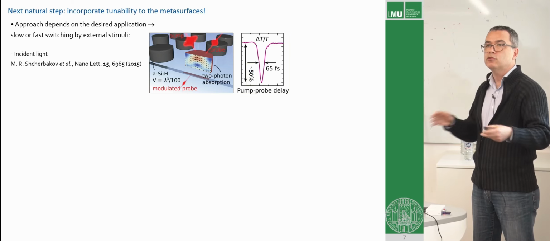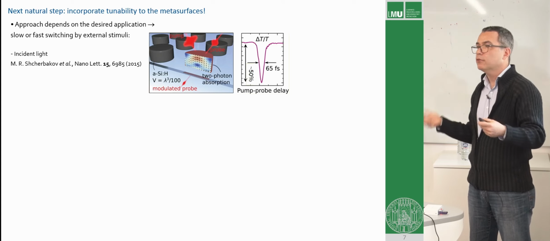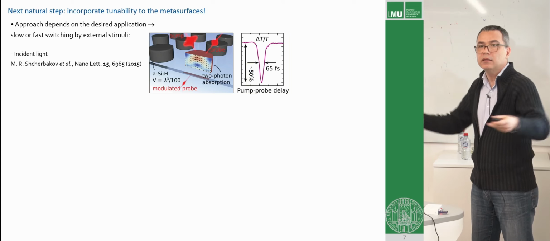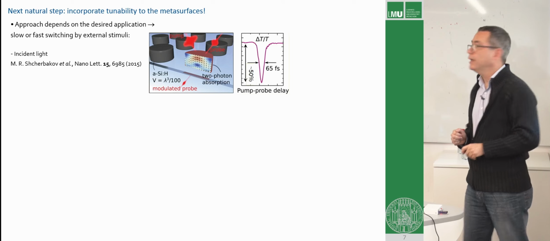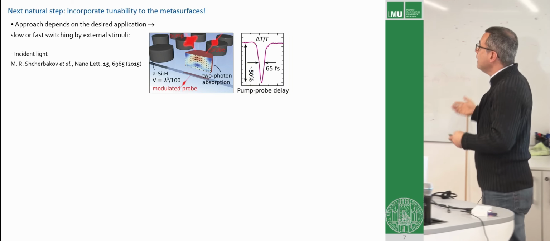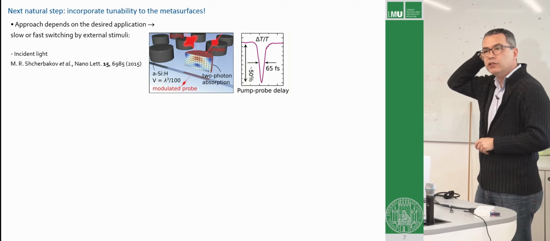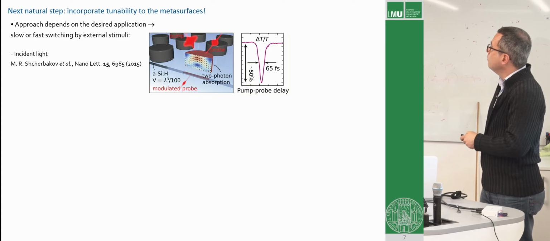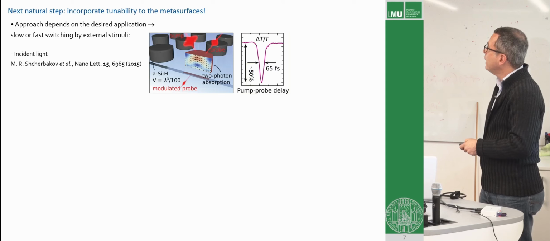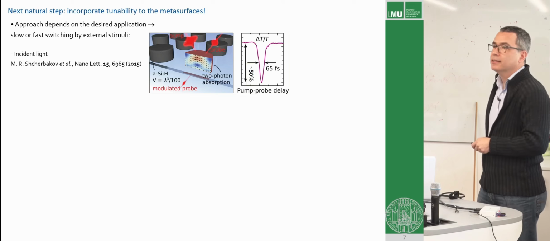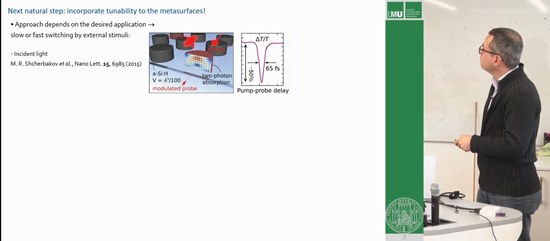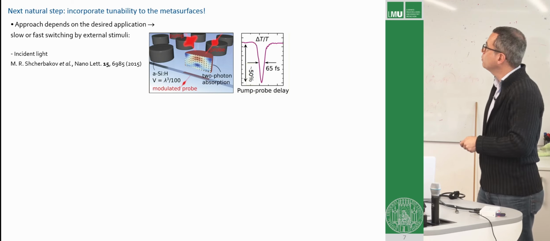So we would like to try to change the behavior of these metasurfaces while they're being used, right? And there are many different approaches that you can use to do this, and this depends on your application, right? For example, you can use incident light in order to change the transmission of such a metasurface. In this case, you send a probe, so you want to monitor the transmission of this probe.